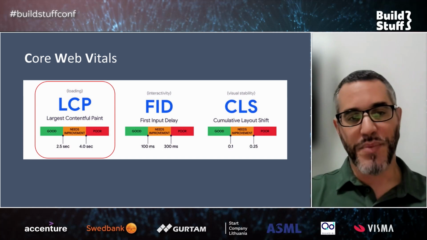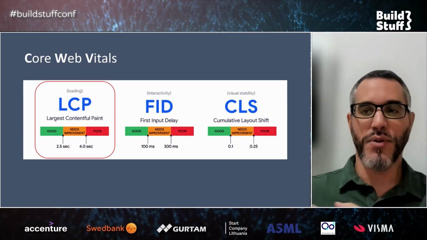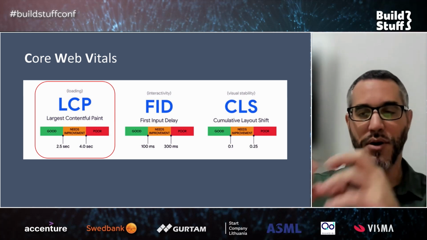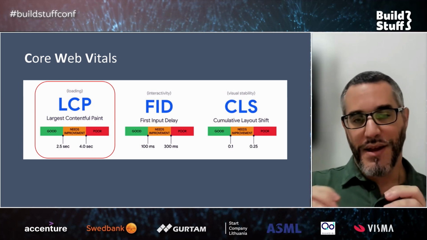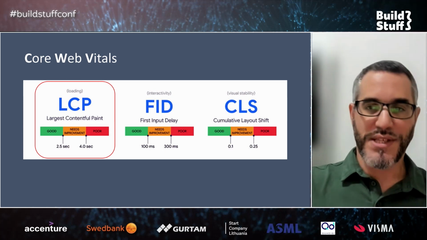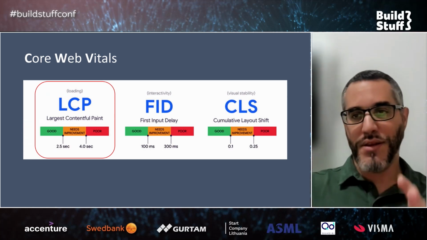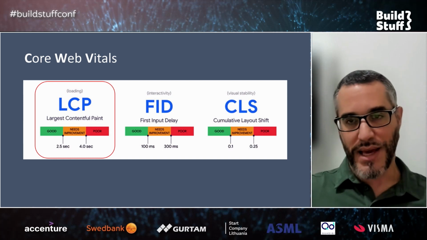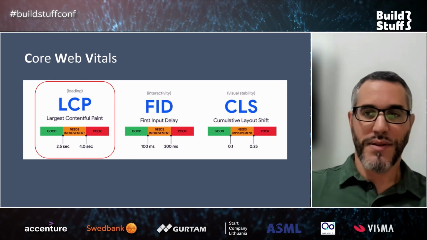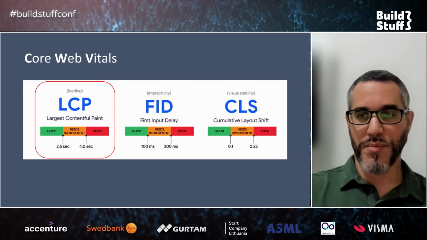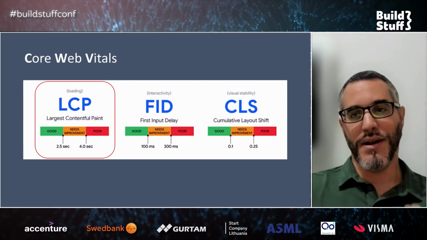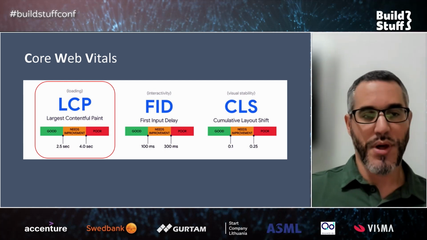So let's start with LCP, or largest contentful paint. This is the biggest part that is going to be rendered on the screen. It affects the loading of the page. That means that if you have some big image or video or something like that, or big text, and this is the largest contentful paint that the browser is going to produce, this is the thing that is going to affect the loading of the web page.